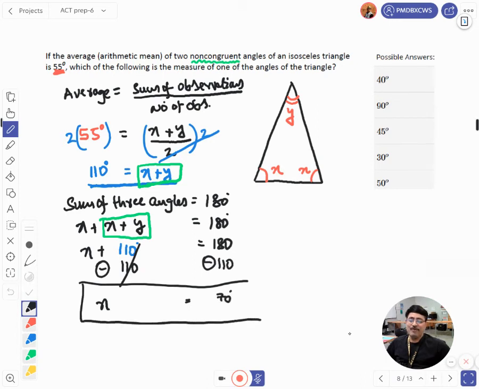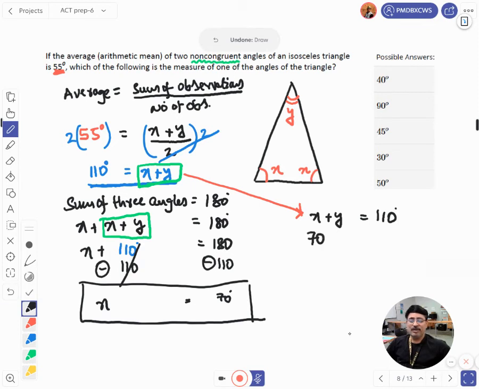Once you get the value of x, then it's an easy task. We take this step again, which is x plus y equals 110 degrees. Then x is, as we just got here, 70 degrees.